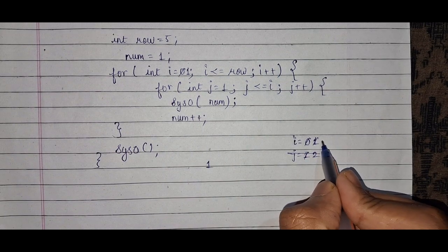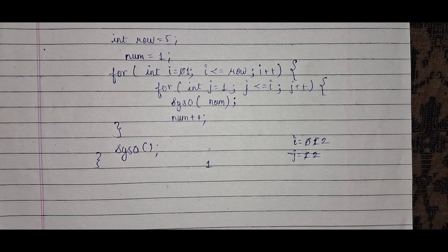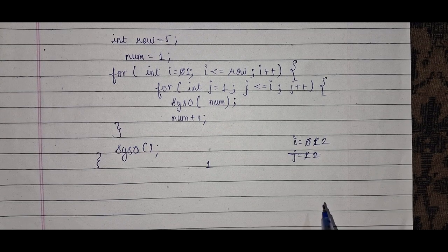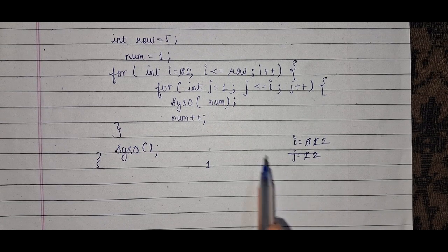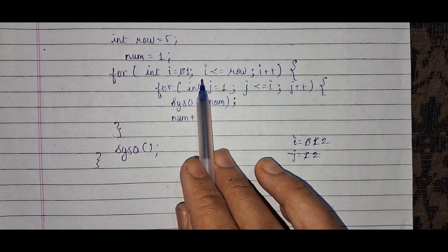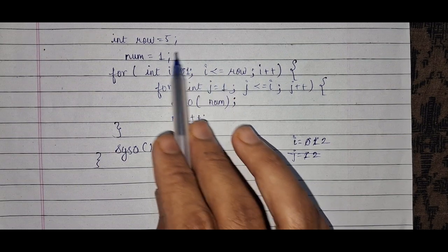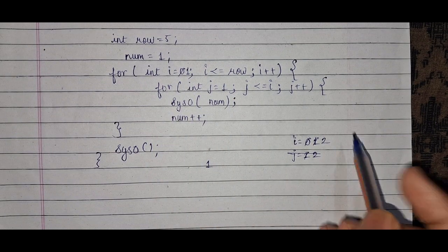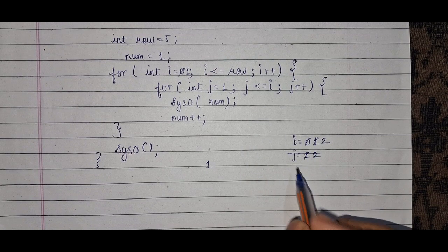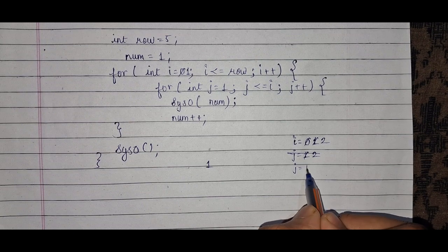Now i's value has become 2. Now it will check the condition: is 2 less than or equal to 5, the condition will be true, then it will enter into the inner loop and initialize j again by 1.